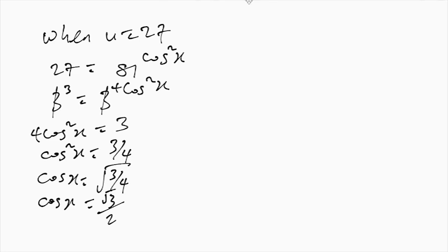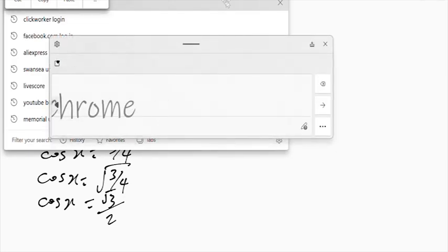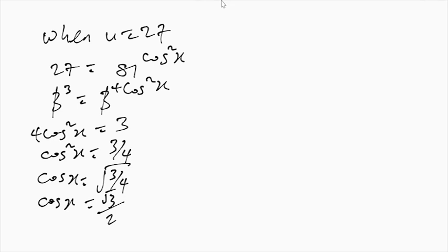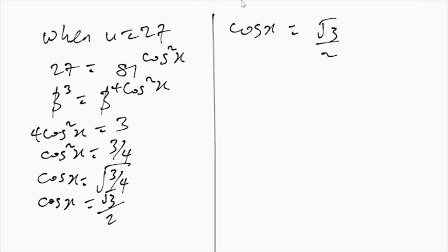It's quite easy for us to find the arc cos of root 3 over 2. We have cos x equals root 3 over 2. So then our x will equal arc cos of root 3 over 2. And then we know that even without using a calculator, you should be able to deduce this.